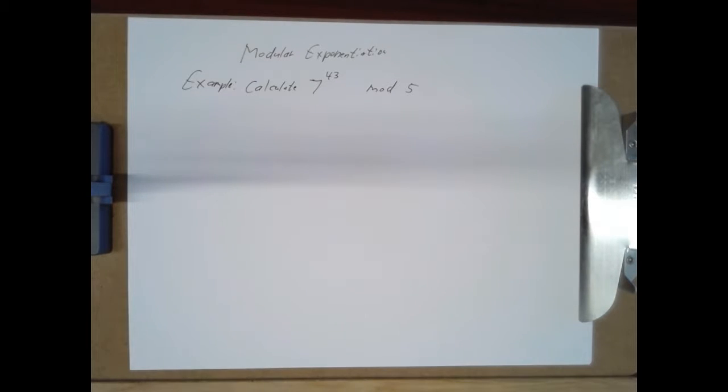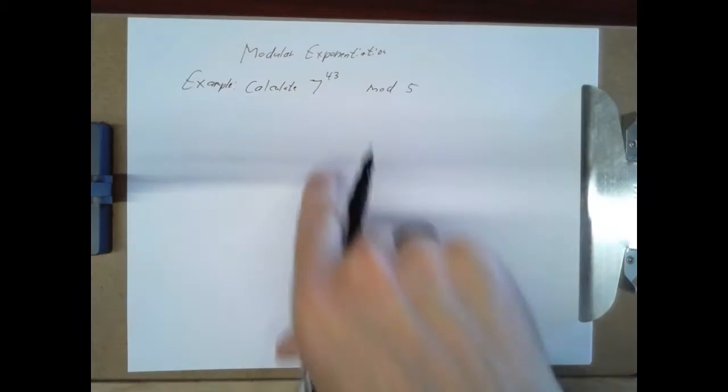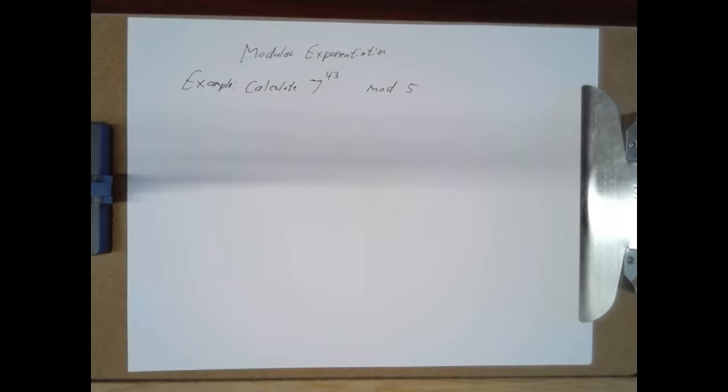So we want to take 7, multiply by itself 43 times to see what the remainder is when we divide by 5. And we don't want to actually calculate 7 to the 43rd and then look at the last digit, because that's a lot of work, and 7 to the 43rd is a big number.